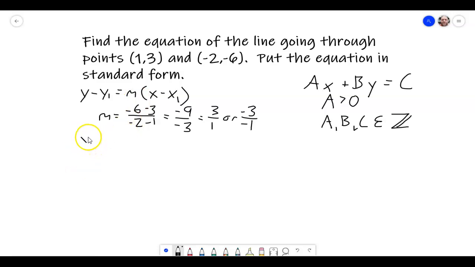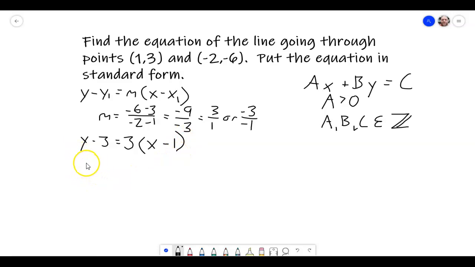So now we're going to have y minus, we'll use this as our y1, the 3. y minus 3 is equal to 3, remember that's the same thing as 3 over 1, times x minus the x1, which is 1 here.